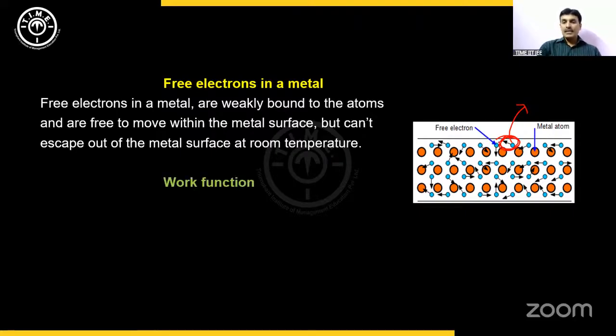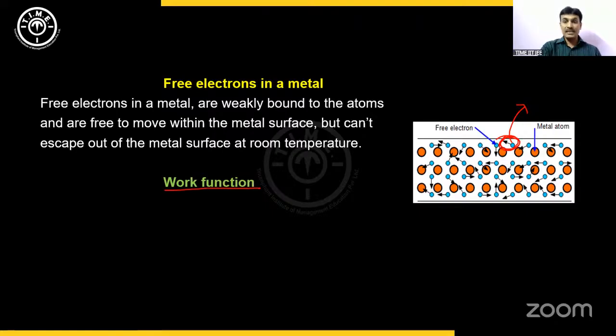Now, in order to bring an electron out of this metal, some minimum energy is required. Upon supplying minimum energy to these electrons, they can be released from this metal surface. When electrons are bound to the metal, upon supply of the minimum energy, we can get these electrons out of the metal surface. So that minimum energy required is known as its work function.